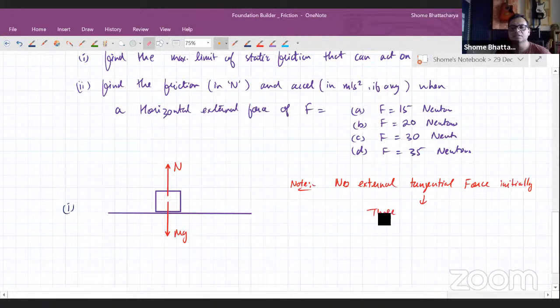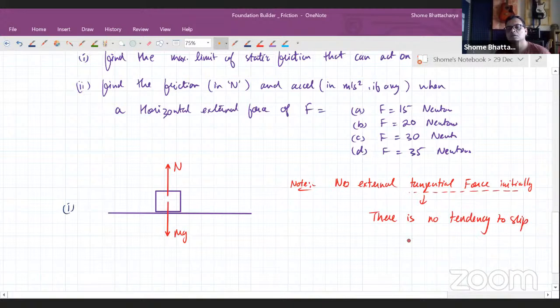If there's no tendency to slip, then friction does not act. Friction only comes into play when there's a tendency to slip. So this is very important to understand over here. As long as there's no external tangential force, there is no tendency to slip. Okay. So that will mean that there is no friction which will act on it.